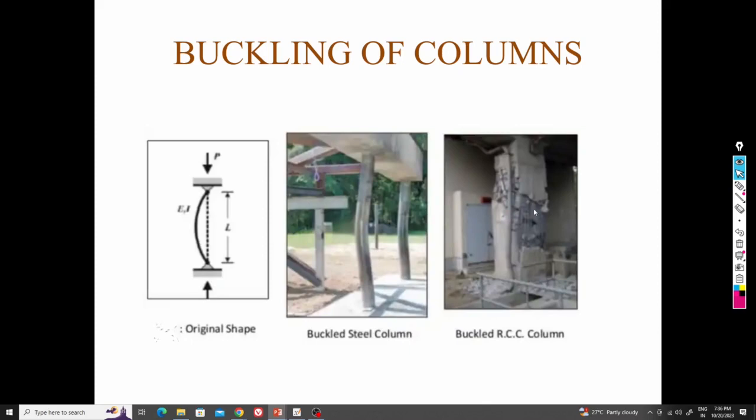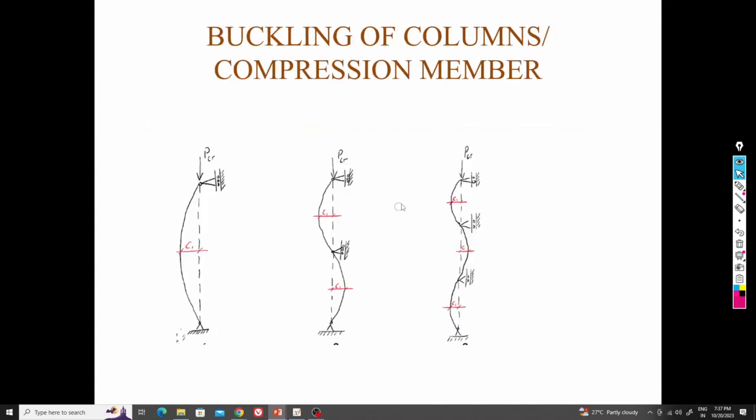But by looking at the crack pattern, and there is a bulging of the steel out of this column, you can understand that there is more compression and there is a buckling. So in RCC we cannot get the exact behavior because of the properties of the concrete, aggregate, cement and all, but in steel structure it will give you clear cut deflection or buckling.